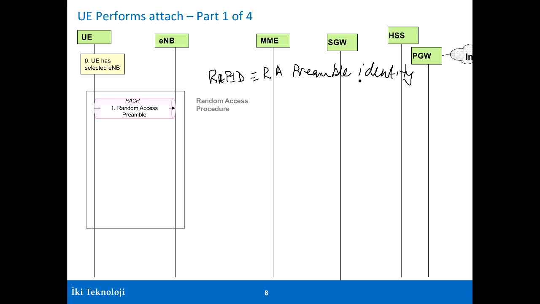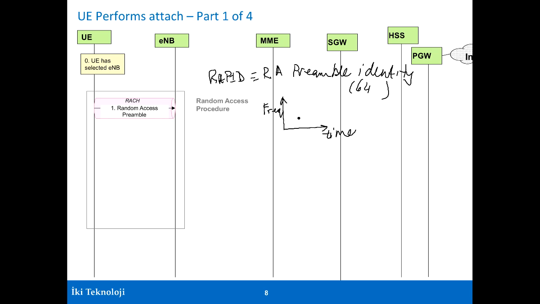So it picks one of these 64 values and says, psst, psst. Now, the other part of this information, which is very important, is the time and frequency in which it is sending this message. So if this is time and this is frequency in the uplink direction, this mobile will pick one of these 64 values.